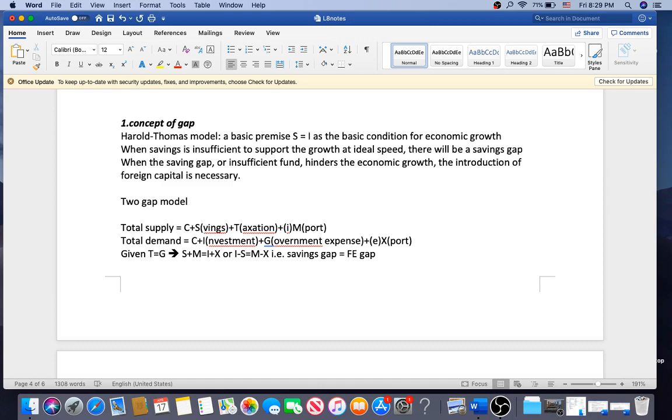But when the domestic saving is insufficient to support the growth at the ideal pace, then there will be a gap, such as in savings, foreign exchange, government revenue or technology.